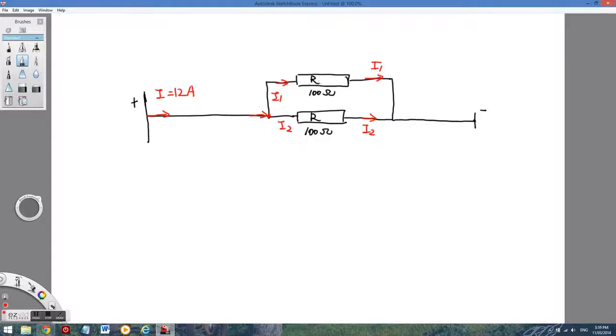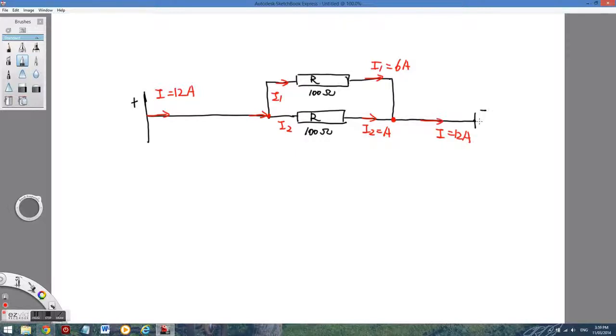Since the resistances are the same, the current is going to split in half. They're going to be 6 amps each, and afterwards they will rejoin.